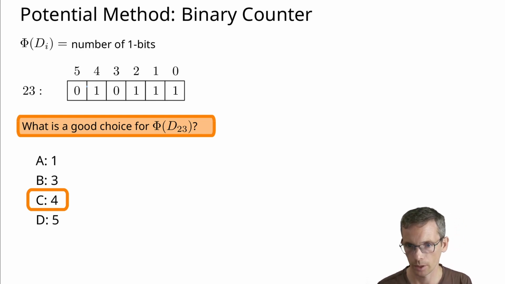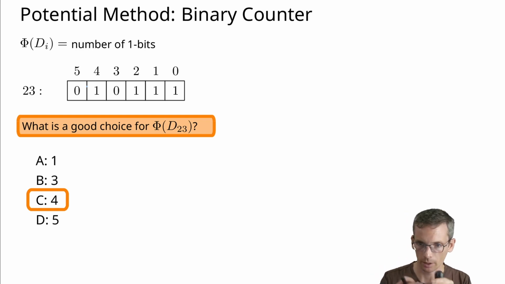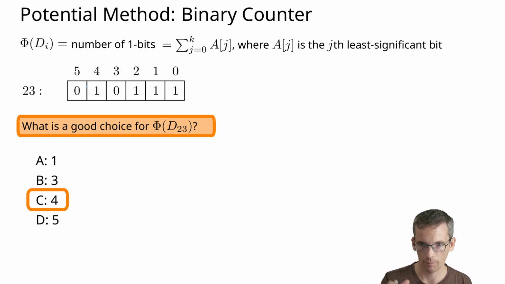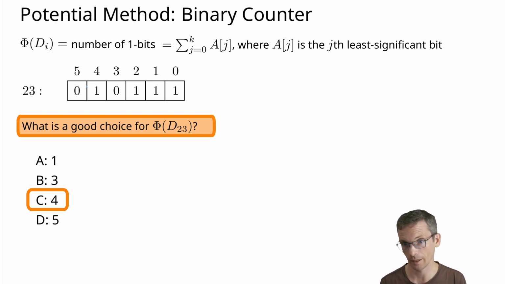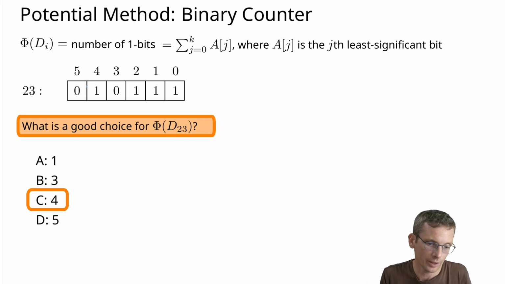Expressed differently, so we had written everything in bit counter with A_i's. So if my bits are in this array A, then I can simply write this as a sum of the A_j, counting up to k. Now, because either they are 0, then they contribute nothing to the sum, or they are 1, then they contribute 1 to the sum.